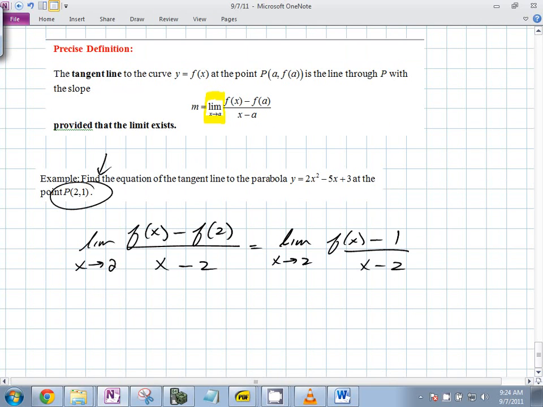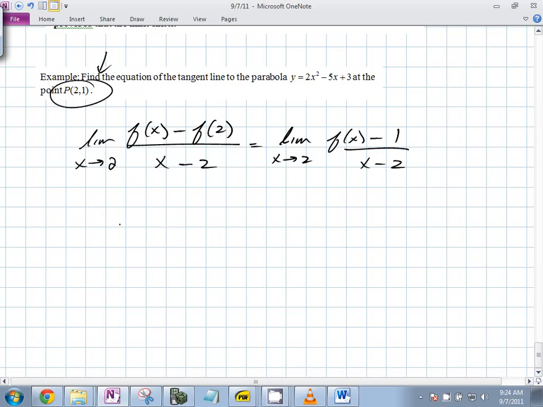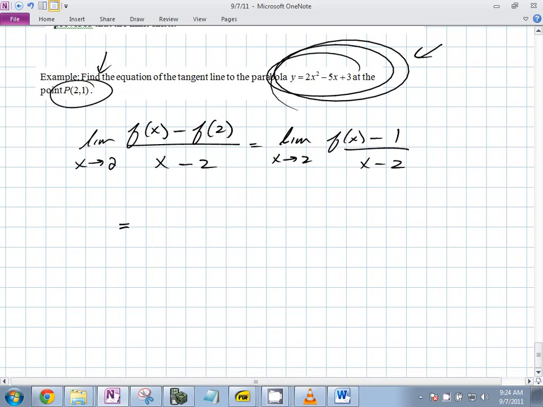Yeah, we do. It's that function right there. All I'm doing right now is rewriting what we have so far. That is the function we're operating on. So we have the limit as x goes to 2 of 2x squared minus 5x plus 3, minus 1, all over x minus 2. Are we okay so far?